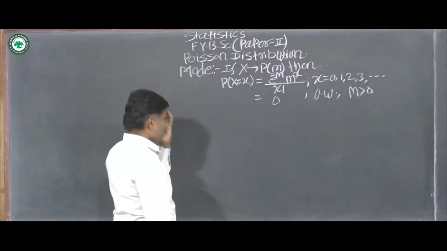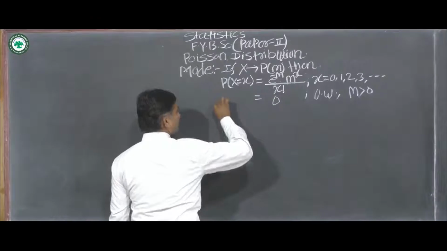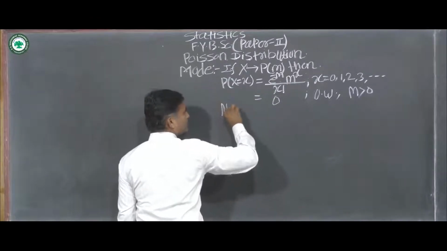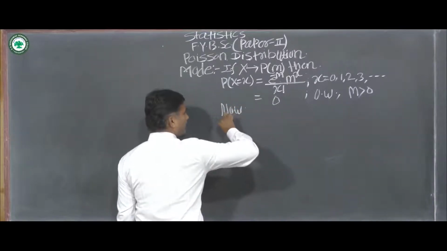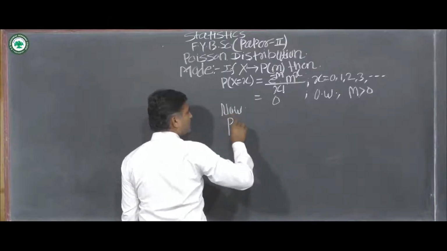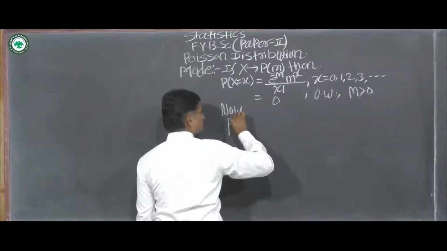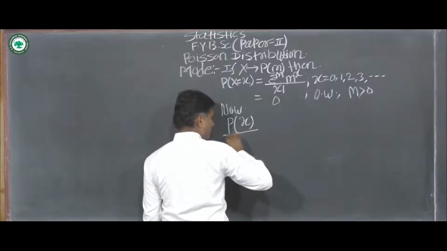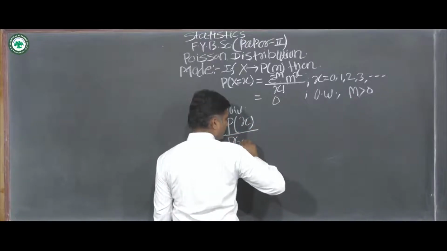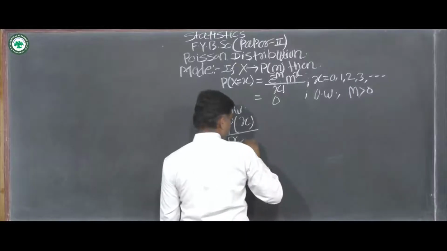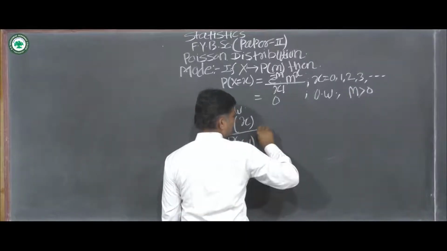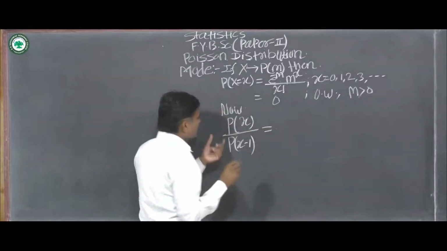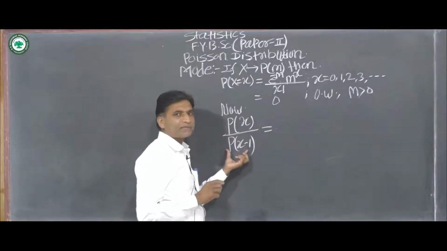Now, we take the ratio of probability of x upon probability of x minus 1, that is p of x upon p of x minus 1.